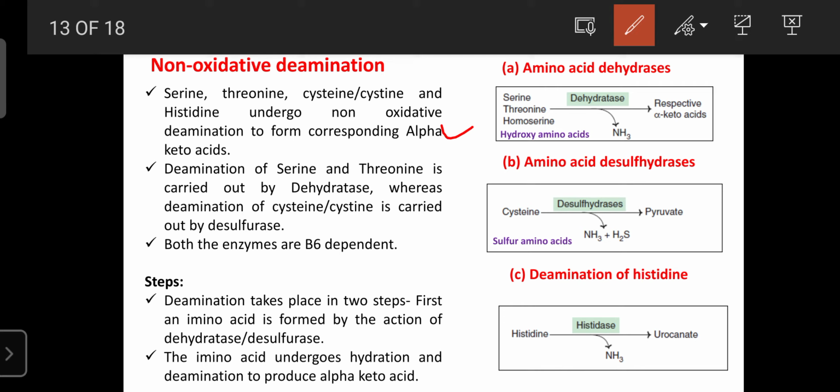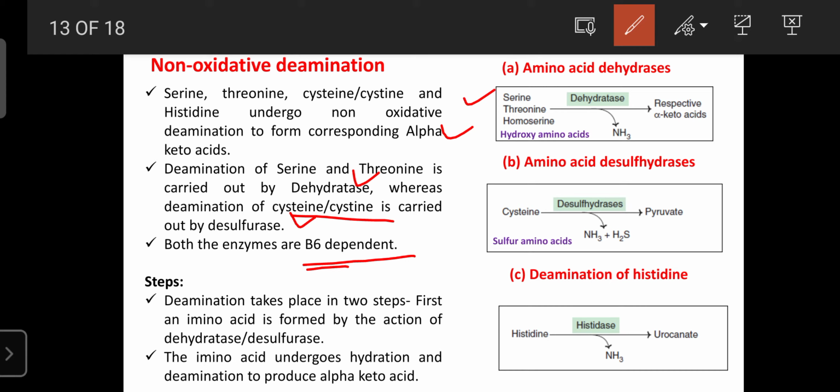The deamination of serine and threonine is carried out by the dehydratase enzyme, whereas the deamination of cysteine is carried out by the desulfhydrase, and both enzymes depend upon vitamin B6. The amino acid dehydratase enzyme is involved in the non-oxidative deamination of serine, threonine and homoserine. These are the hydroxy amino acids.